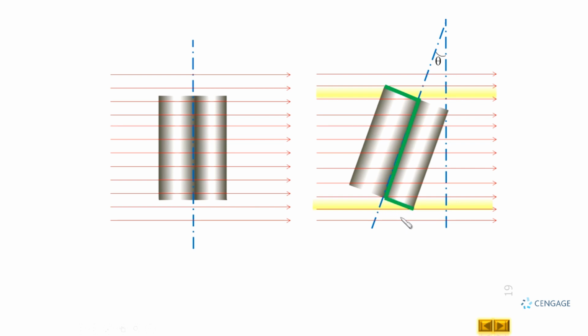semicircular part. So, for calculating the total flux, we need to consider the flux associated with this semicircular part, that is the top semicircular part, then the inclined cross section, that is the inclined rectangular section, and this is again the semicircular part. So, now let us make the real diagram.